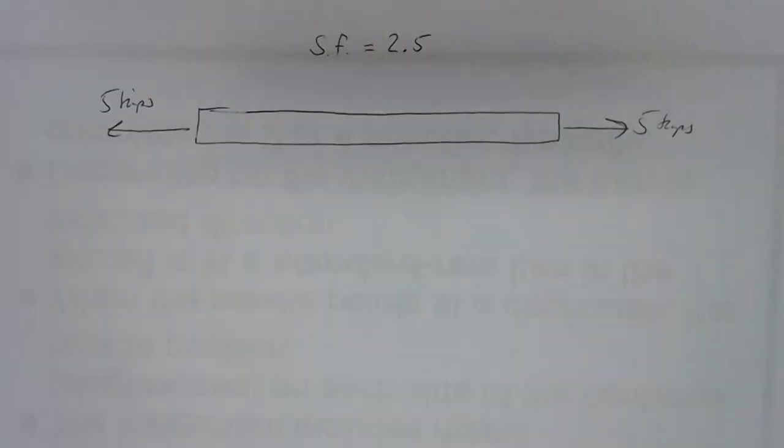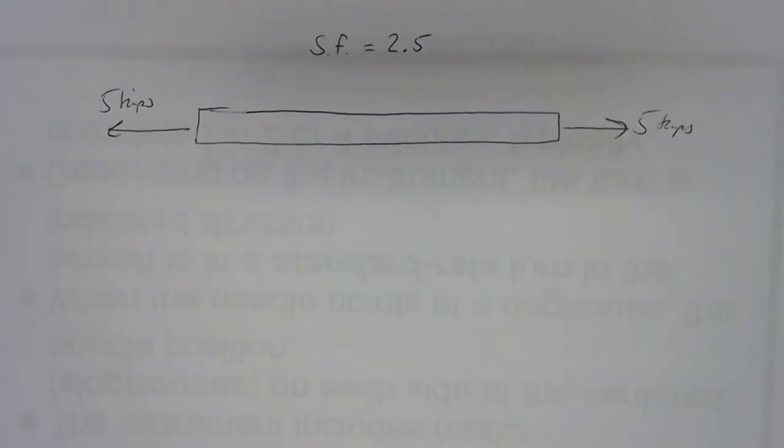So we've done the analysis and we figured out this member is going to be loaded to 5 kips in tension. And we need to pick a material that's going to handle that load under the given safety factor that we've got. So let's pick a material.